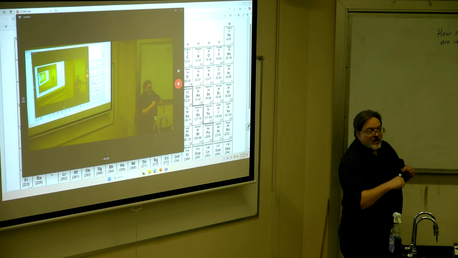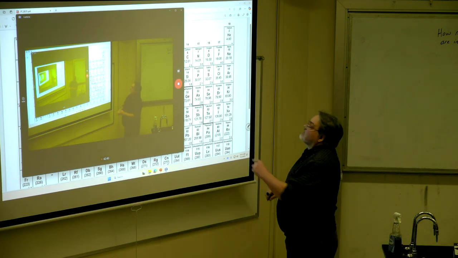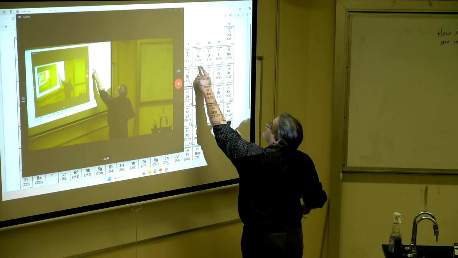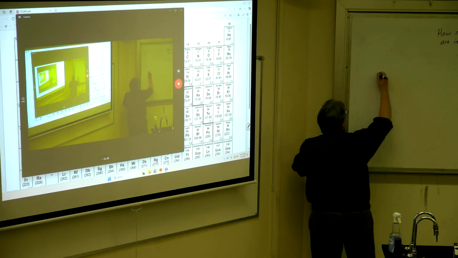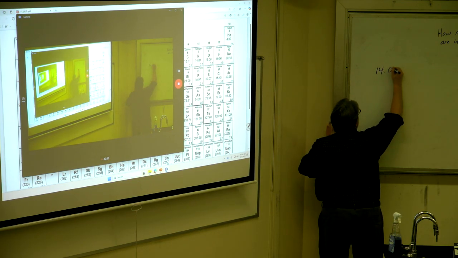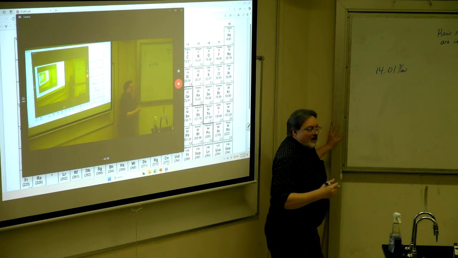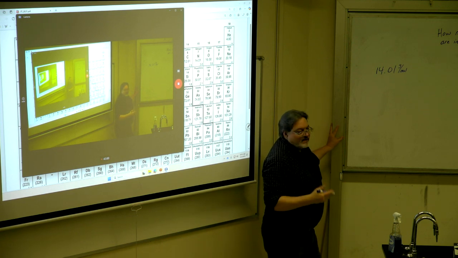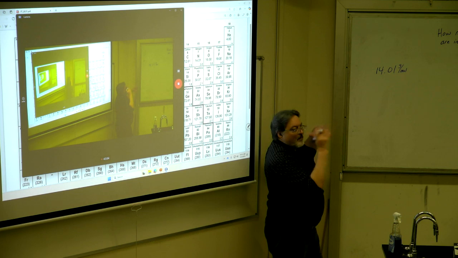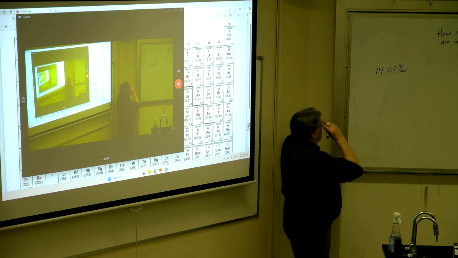It's not even going to show up. Oxygen, let's do nitrogen, 14.01. You see 14.01 on the periodic table. That means grams per mole. And the unit mole shows up, but that 6.022 is not going to show up in anything we're about to do. It's kind of boiled in already, so to speak.